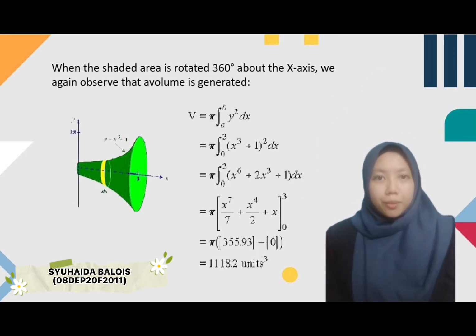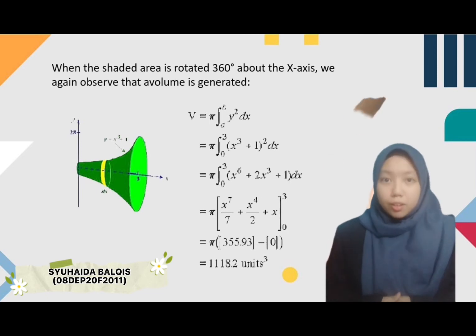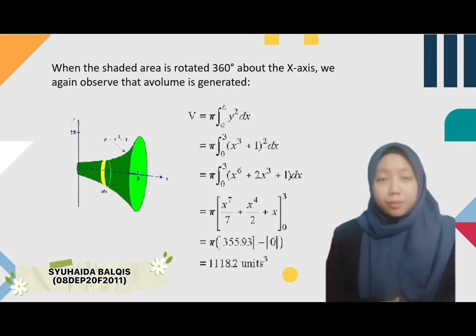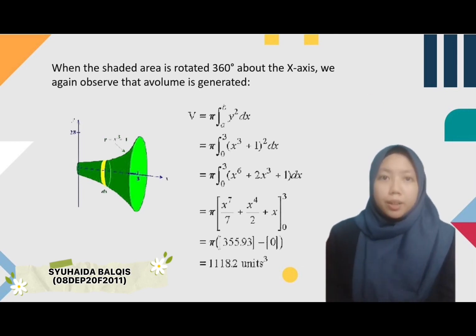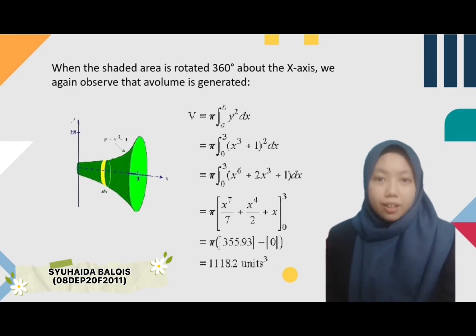We will get, in brackets, x to the power of 6 plus 2x to the power of 3 plus 1, dx. Then we integrate it. x to the power of 6 will become x to the power of 7 over 7, plus x to the power of 4 over 2, plus x. Then we will get pi in brackets 355.93 minus 0. Then the answer will be 1118.2 units cubed. This is the volume for this question that we get.